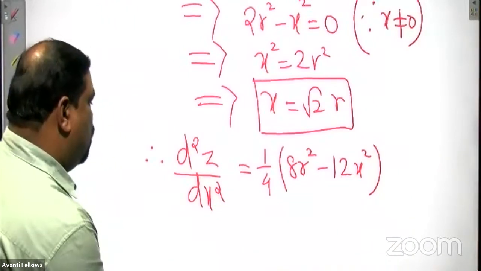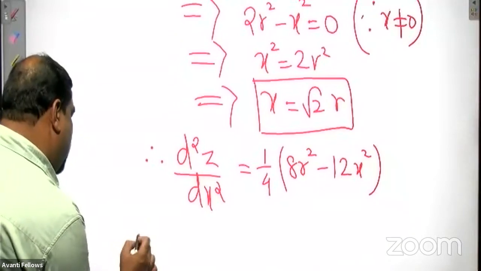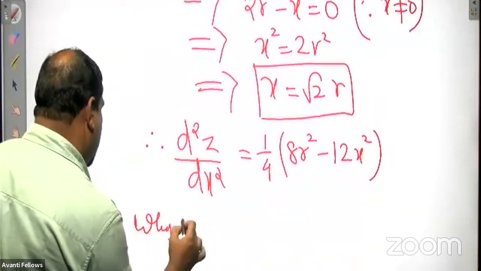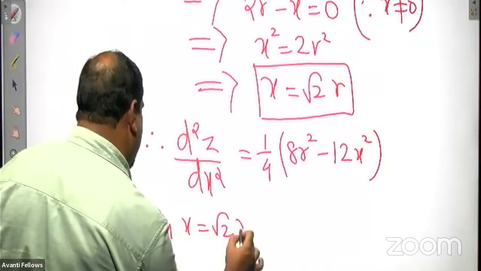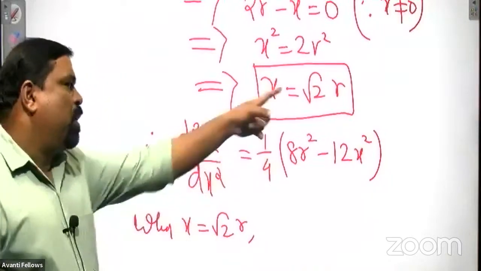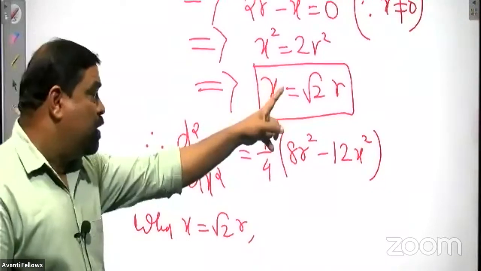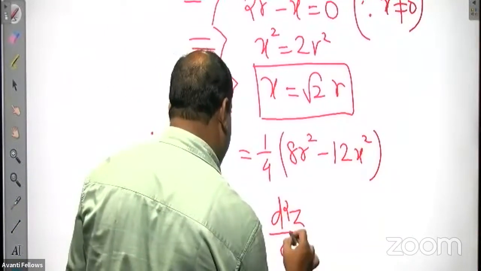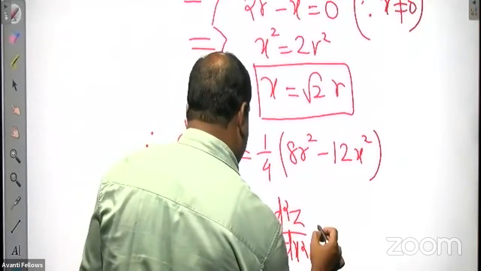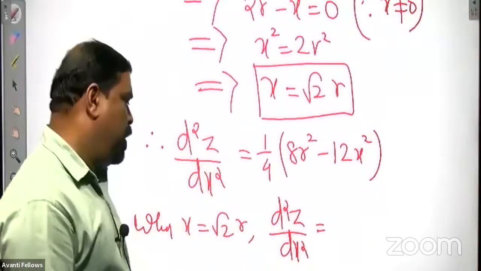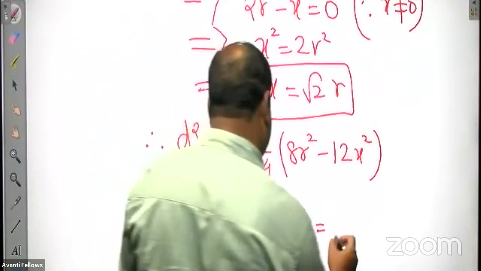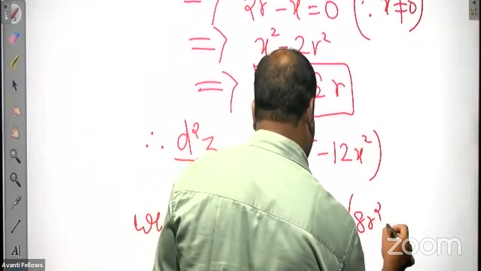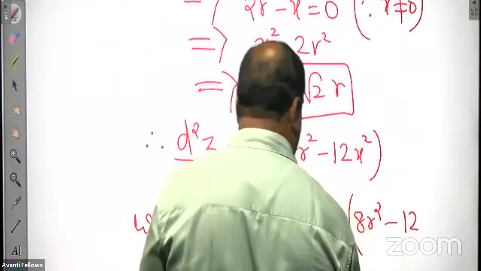Now we have to see whether the second derivative is positive or negative at the critical point, that is x equal to root 2r. So let us substitute here: 1 by 4 into 8r square minus 12 into x square.